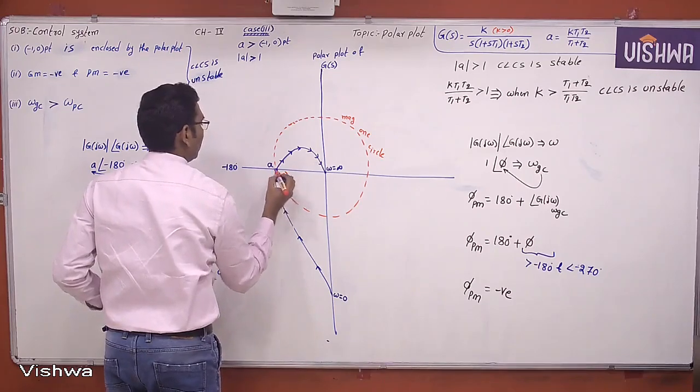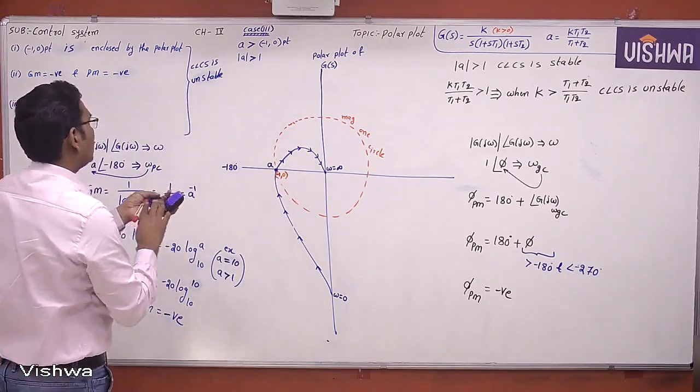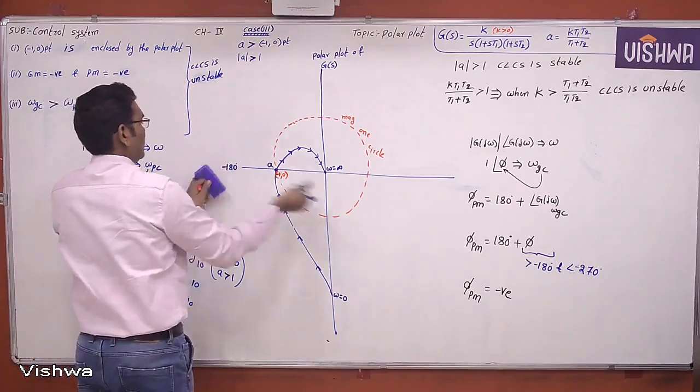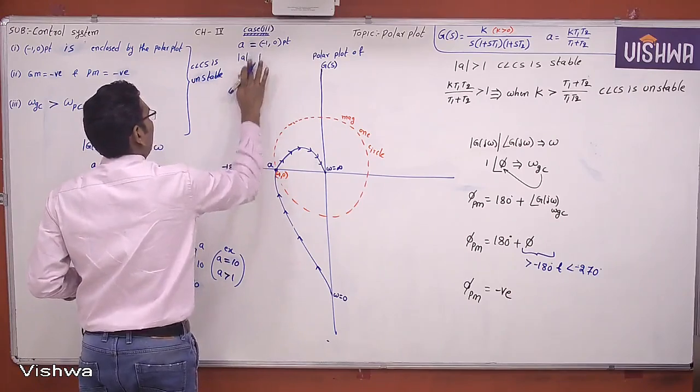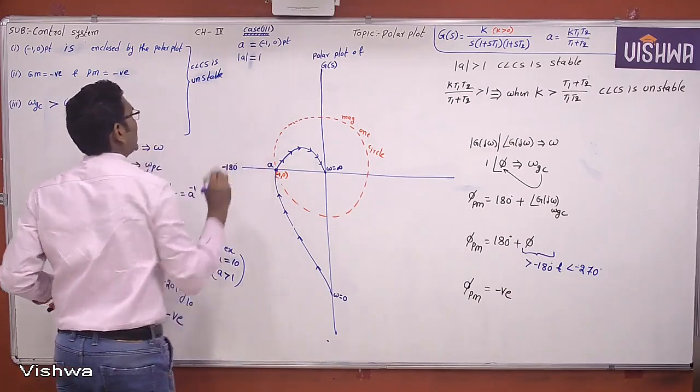Both are the same. Now A is equal to the minus 1 comma 0 point, and magnitude of A is equal to 1.